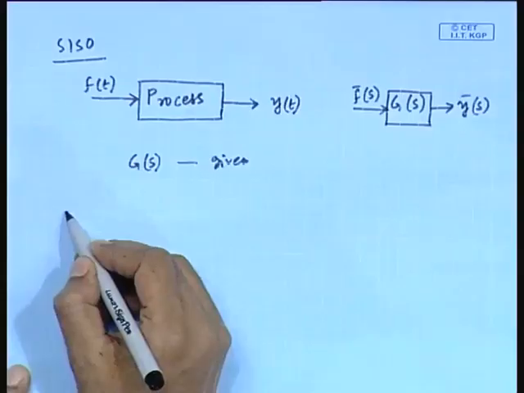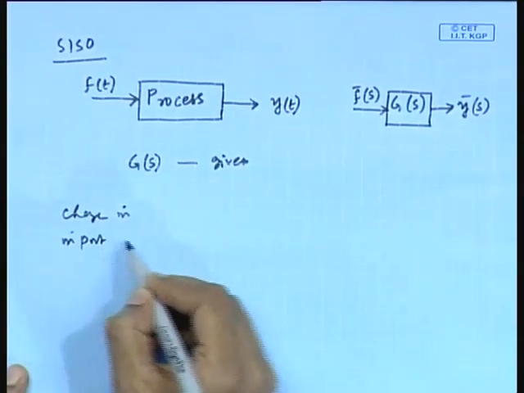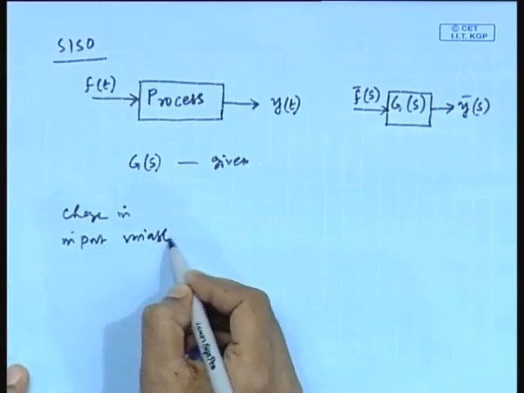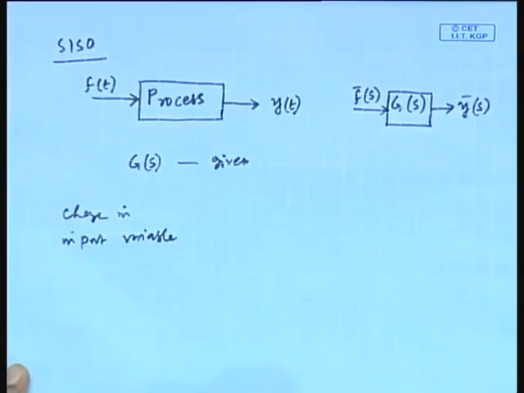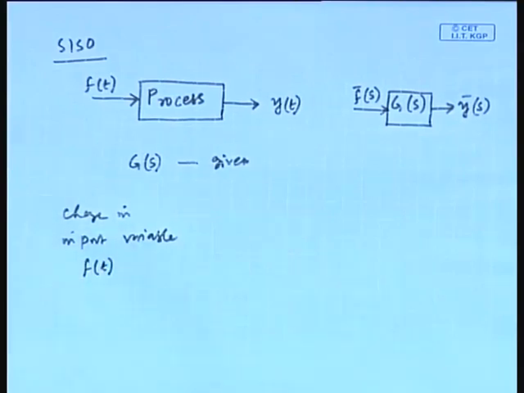But how we can know that? We have the process initially at steady state. Fine. Now, we are introducing some change in input variable, and that is represented by F(t).